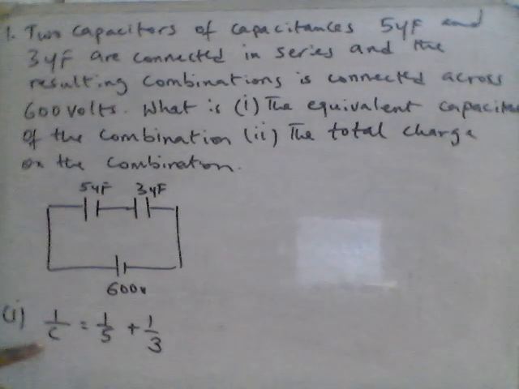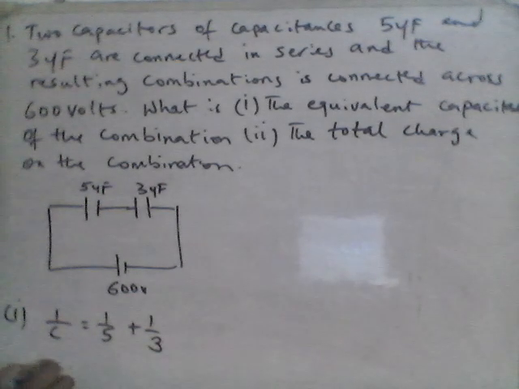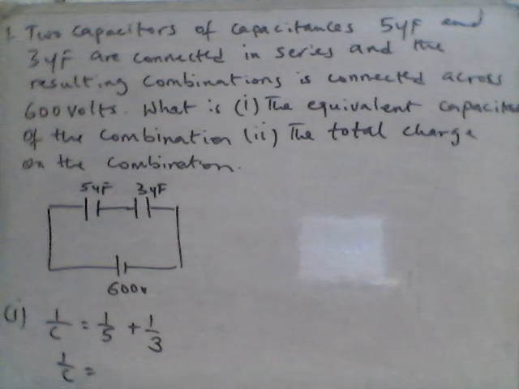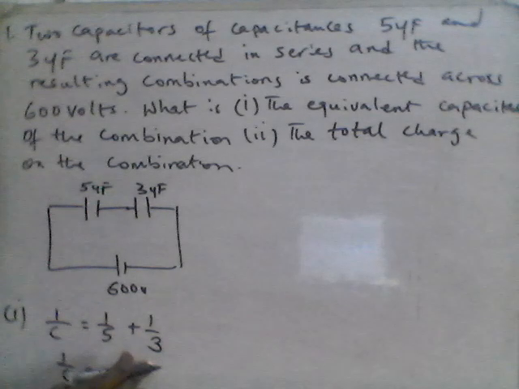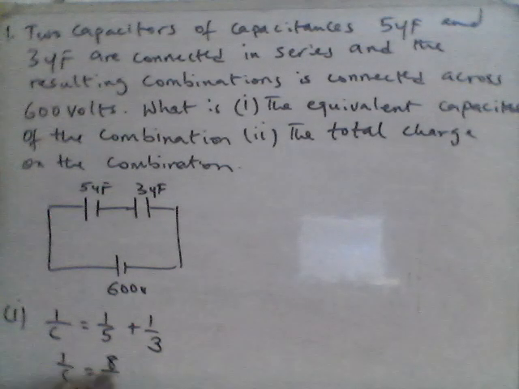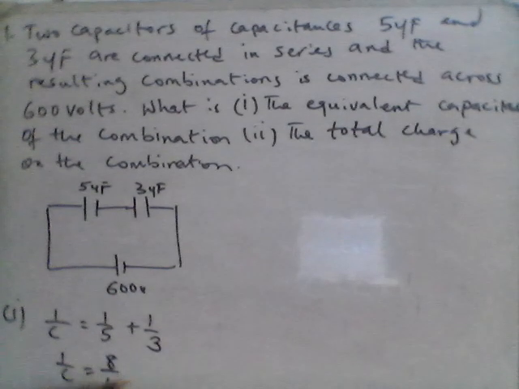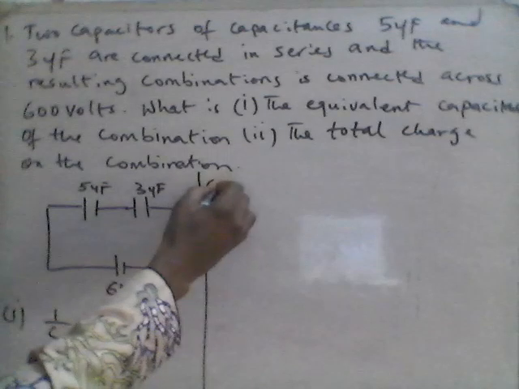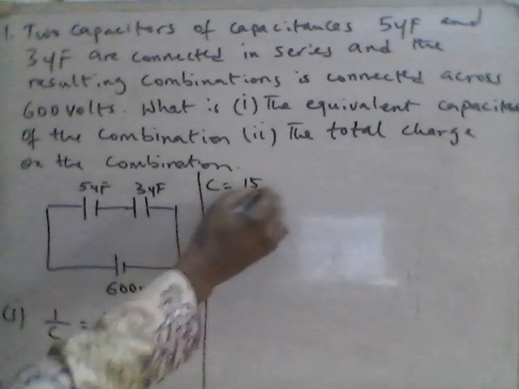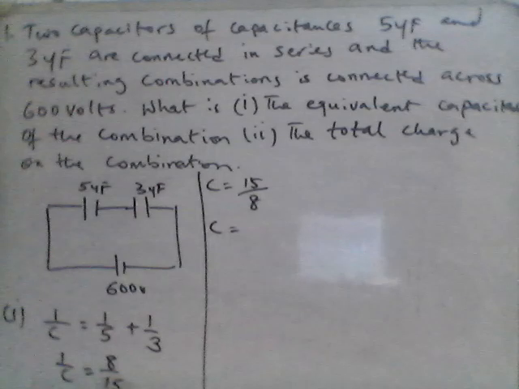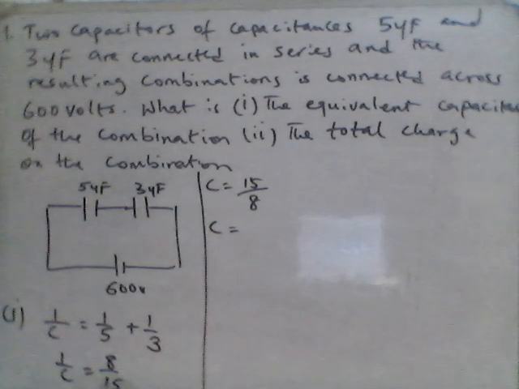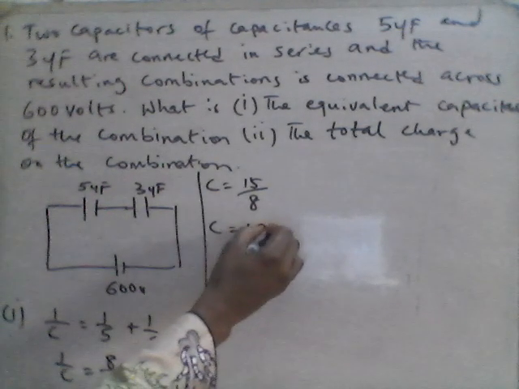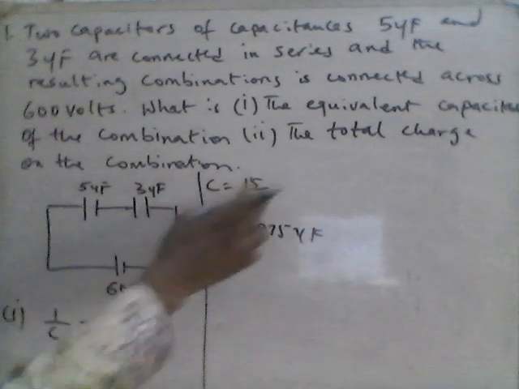So by the time we compute the two of them, 1 over C is equal to 8 over 15, and C is equal to 15 over 8, which gives us 1.875 microfarad, because this is already in microfarad.